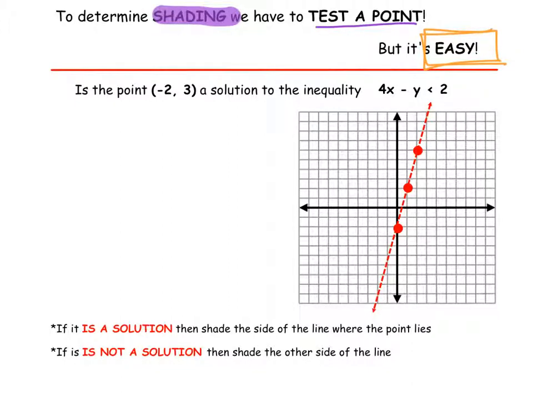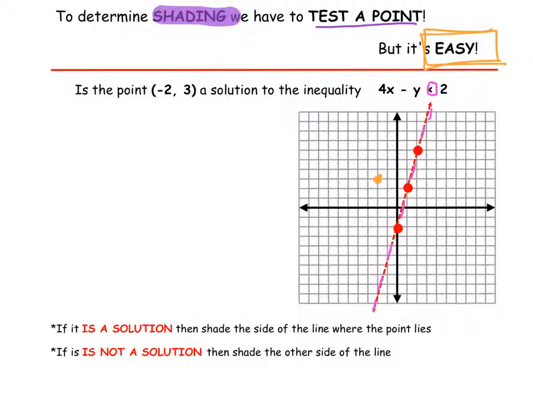So the question is saying, is the point -2, 3, so this orange dot right there, is it a solution to our inequality? And so our inequality 4x minus y is less than 2 is already graphed. And if you notice a few things, it's a less than symbol, and notice we have a dashed or dotted line, because technically those points on the line are not solutions.